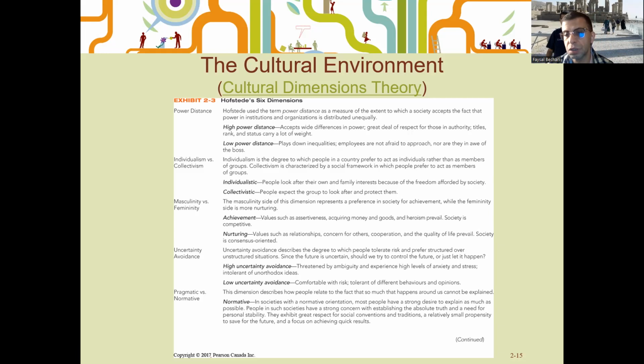Individualism versus collectivism, and this is kind of East versus West. Individualism is the degree to which people in a country prefer to act as individuals rather than as members of a group. Collectivism is characterized by a societal framework in which people prefer to act as members of a group.